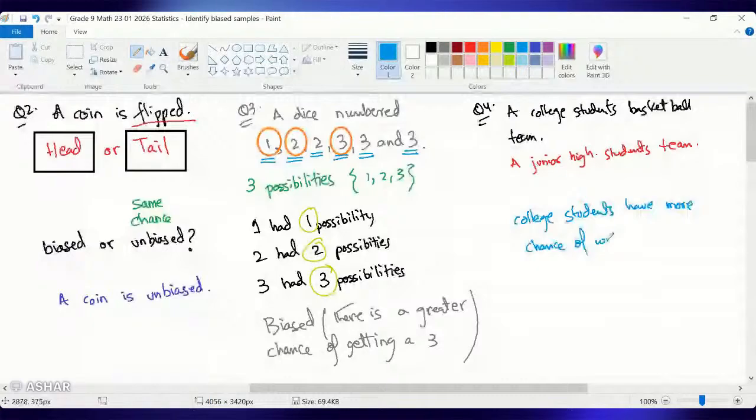That means this is biased. Biased over here would say unequal. If they were on the same grade level, then it would have been fine.